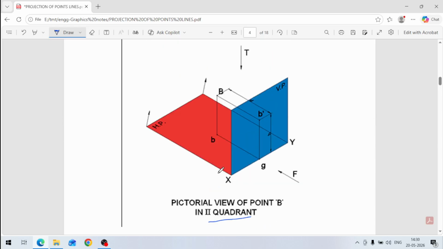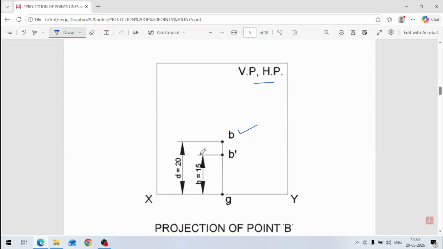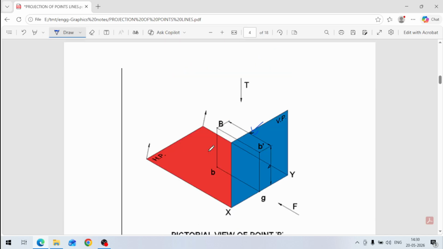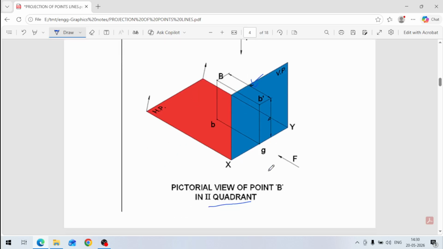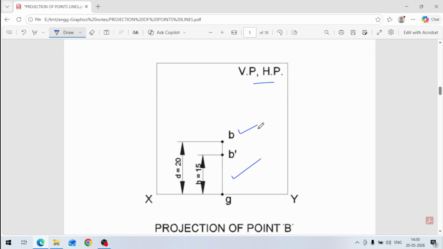So this projection B is at a distance of 20 mm, and this is B dash, which is at a distance of 15 mm. So both the projections will be on the same plane.